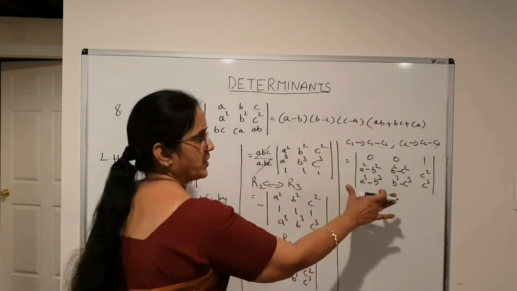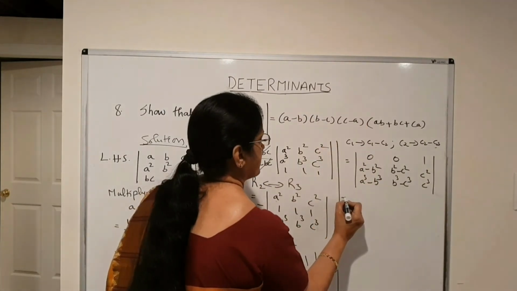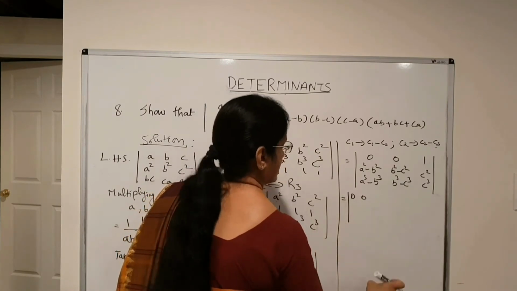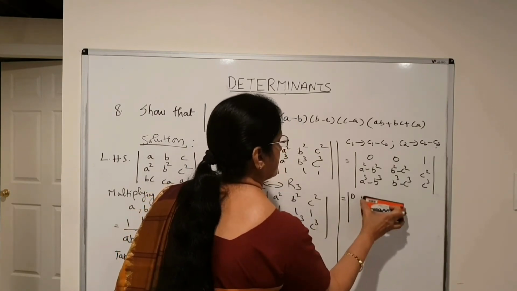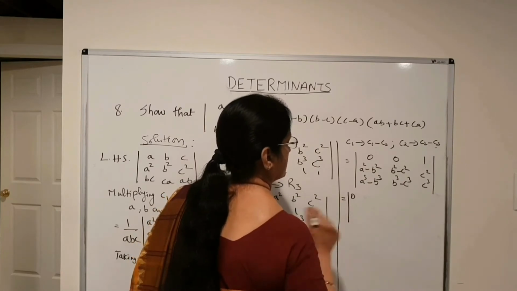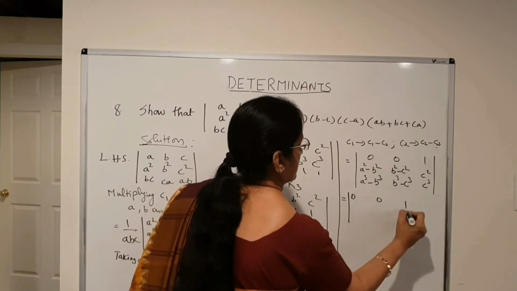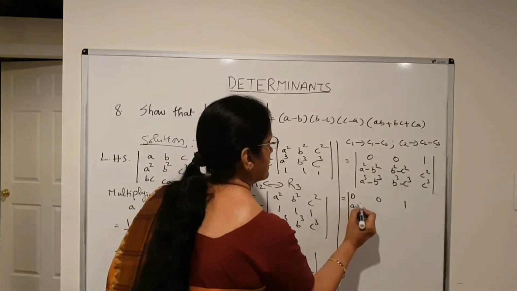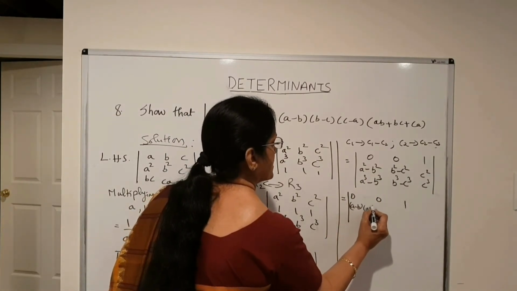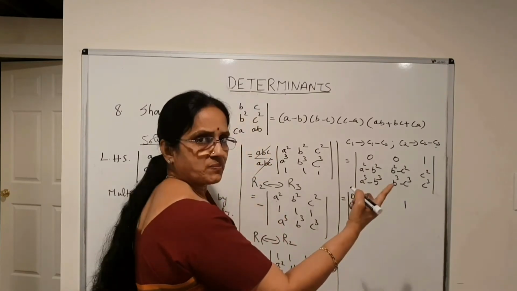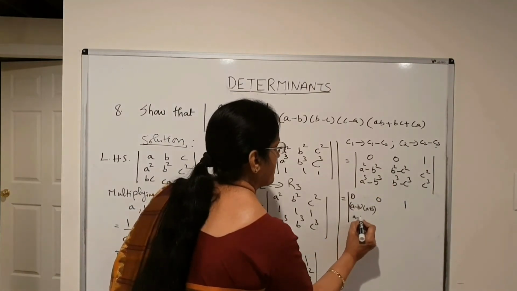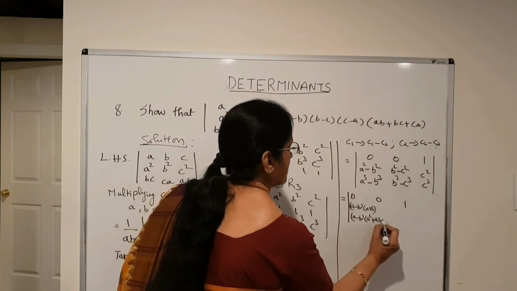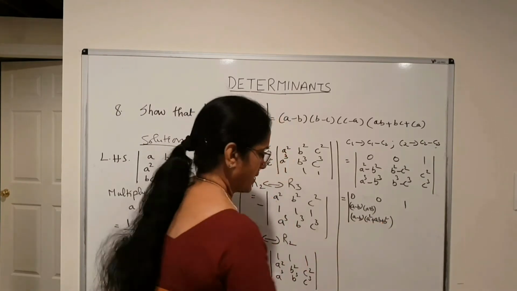Now, I am going to write this determinant as 0, 0, 1, 1. A square minus B square can be written as A minus B into A plus B. A cube minus B cube can be written as A minus B into A square plus AB plus B square. Okay.